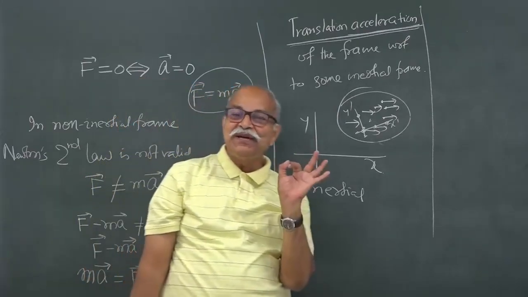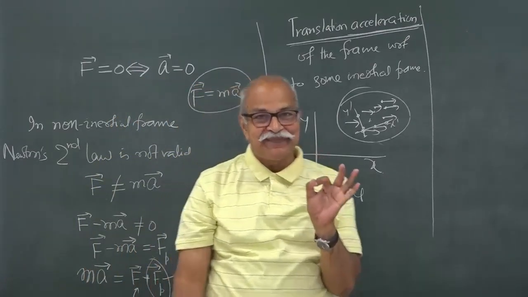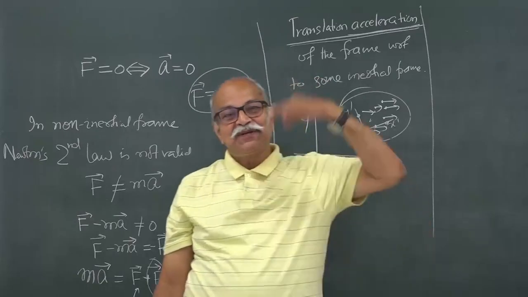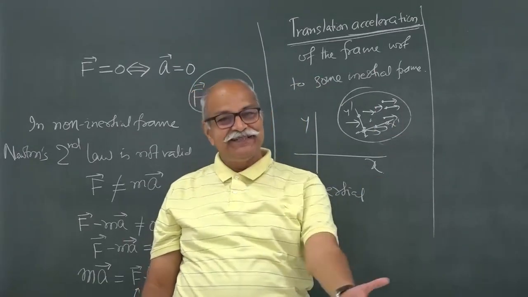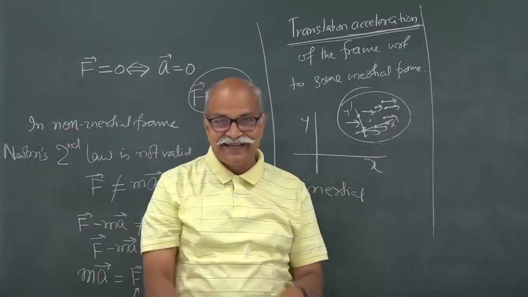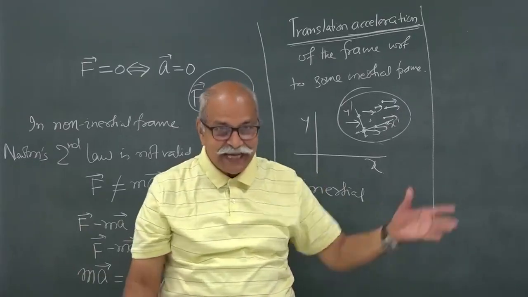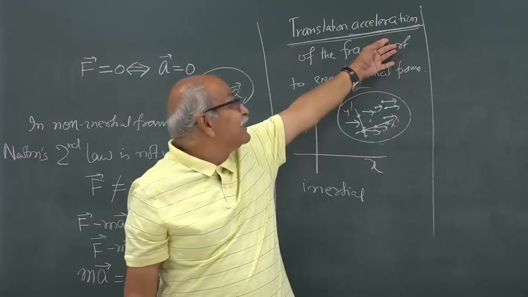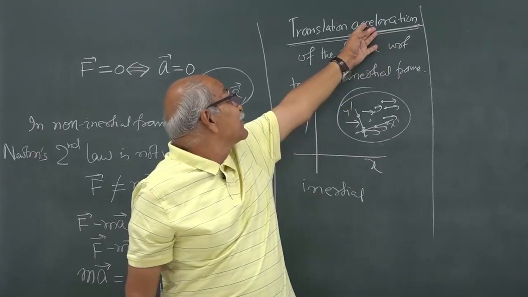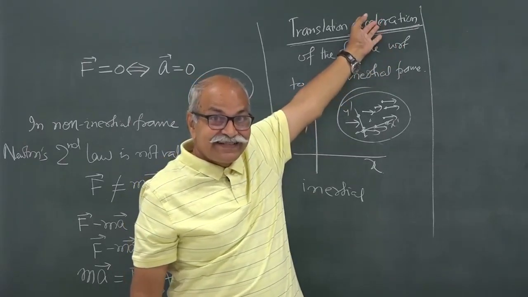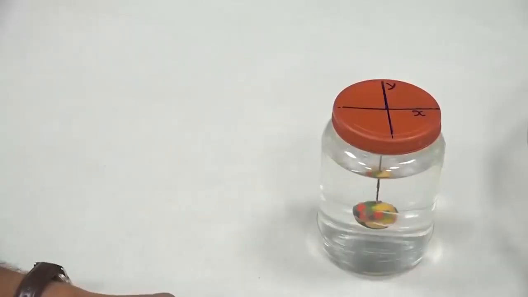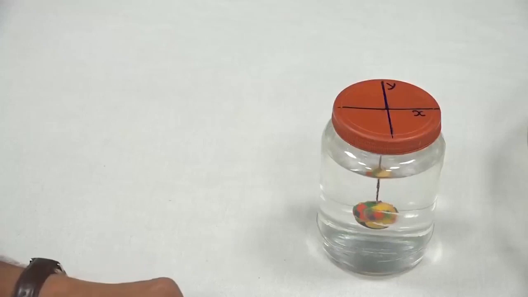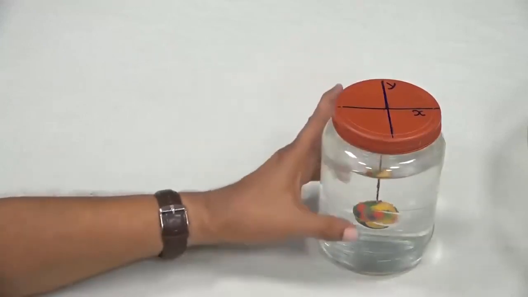I will show you a small video clip. It is taken from my course on special theory of relativity, and I will be describing it here. Let us see what happens if you have a non-inertial frame which has translational acceleration. I am trying to show a non-inertial frame on this box.